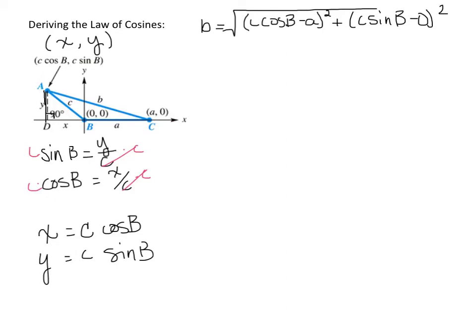In order to get rid of the square root sign, I can square both sides of this, and that gives me b squared is equal to (c cosine of B minus a) quantity squared plus (c sine of B) quantity squared.